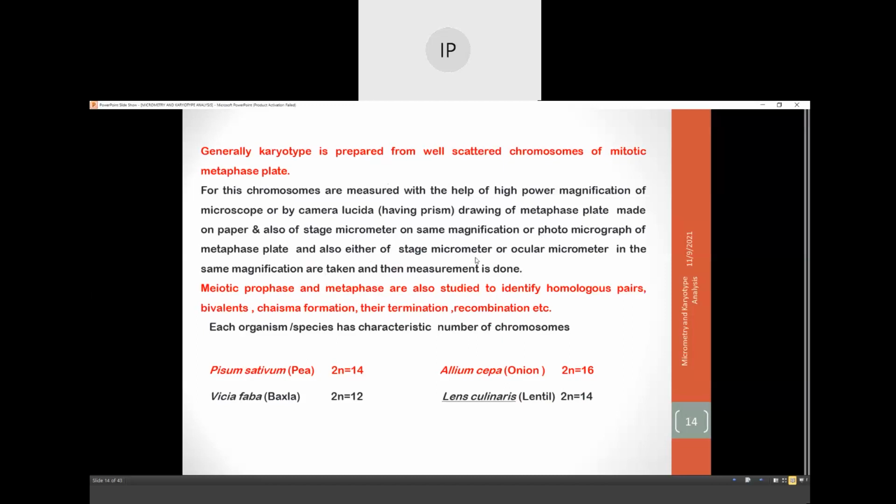If a photograph of stage micrometer is taken, then there is no need of multiplying with least count. But if ocular micrometer is taken, then multiply with least count.